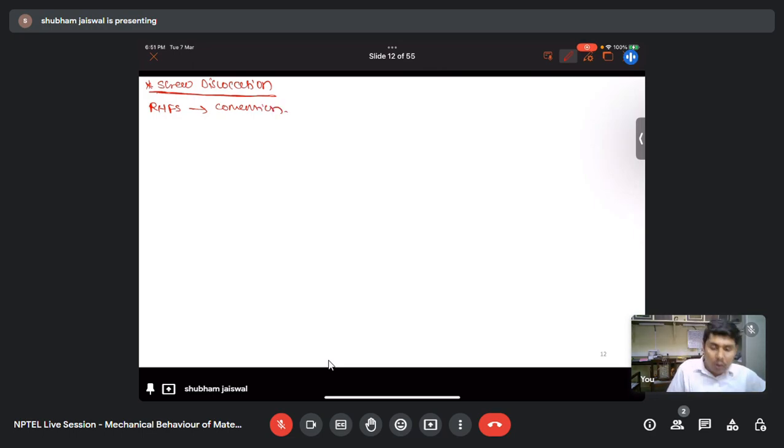According to this convention, like the positive edge dislocation and negative edge dislocation, similarly in screw dislocation we have the right-handed screw and left-handed screw. So what is the right-handed screw? It advances one plane after the clockwise circuit if you are following the RHFS, and if it goes back one plane after the clockwise circuit, then that dislocation is known as the left-handed screw dislocation.